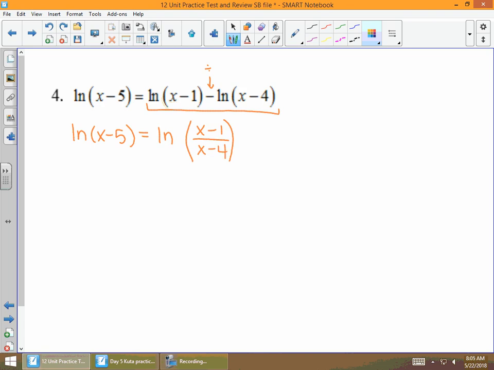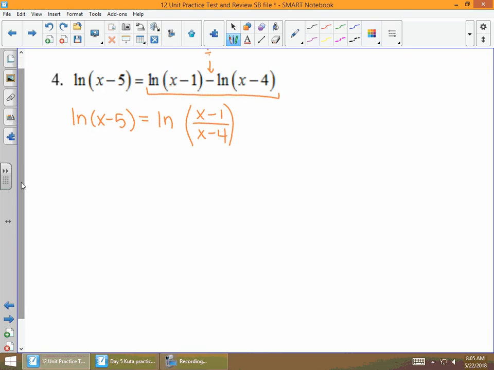And now, since I have an ln on each side of the equal sign, just like if I had a 2 on each side of the equal sign, they cancel. So I have x minus 5 is equal to x minus 1 over x minus 4.